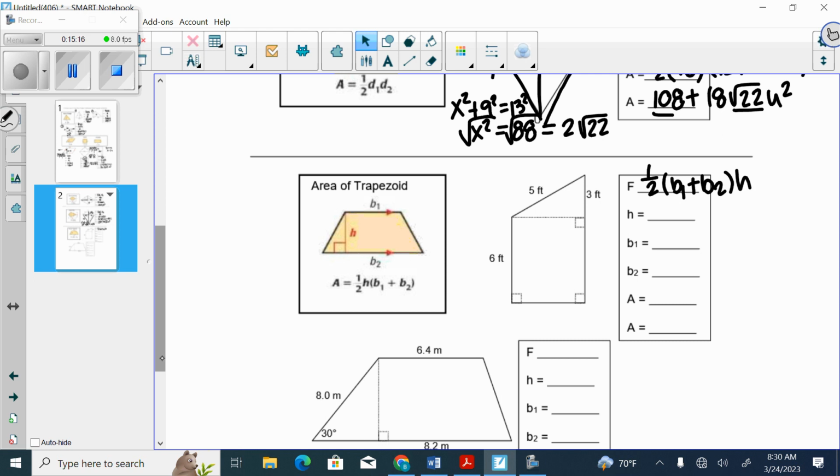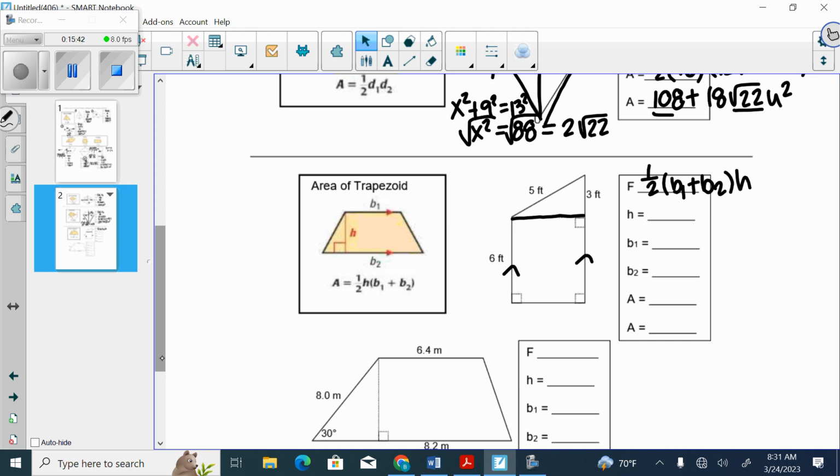All right, so do we currently know what the height of this trapezoid is? No. Because remember, the bases of your trapezoid have to run parallel to one another. So these are the bases. And your height has to be perpendicular to the base, meaning your height is this line right here. So I'm looking for that piece. What could we do to find it?